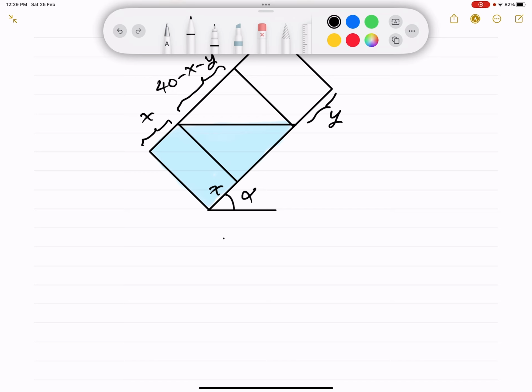So the volume is going to be the area of the base, which is pi a squared, multiplied by 10, which is the height. So that's the volume of the water.